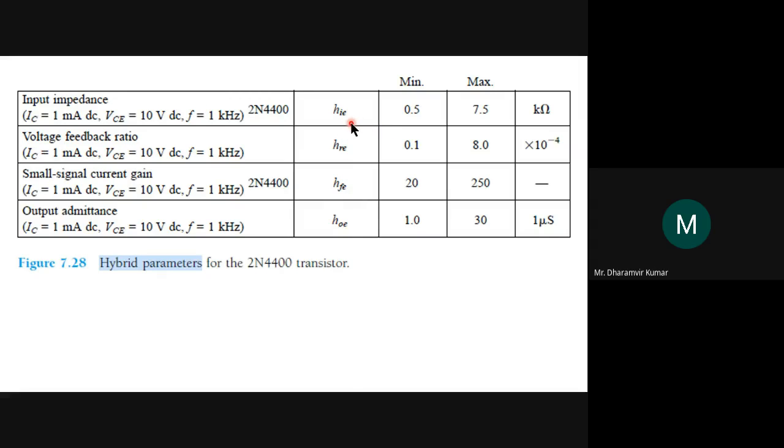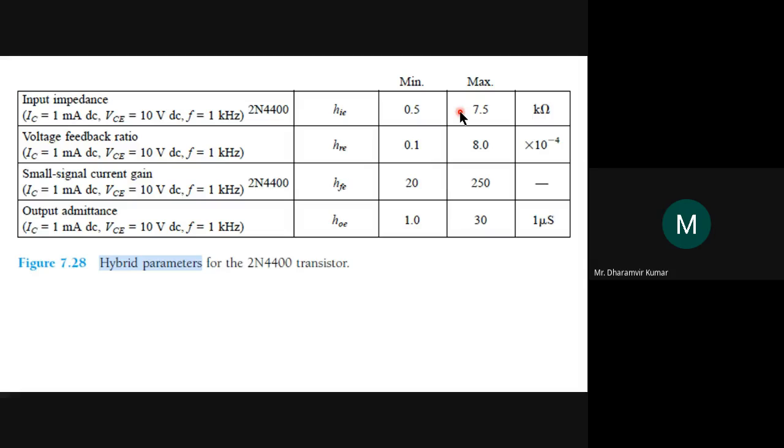For example, HIE, the input impedance, is taken at IC 1 milliampere, VCE 10 volts, at a frequency of 1 kilohertz. For the transistor 2N4400, the minimum value would be around 0.5 kilo ohm, and the maximum value can go up to 7.5 kilo ohm. So this will lie between 0.5 to 7.5 kilo ohms.